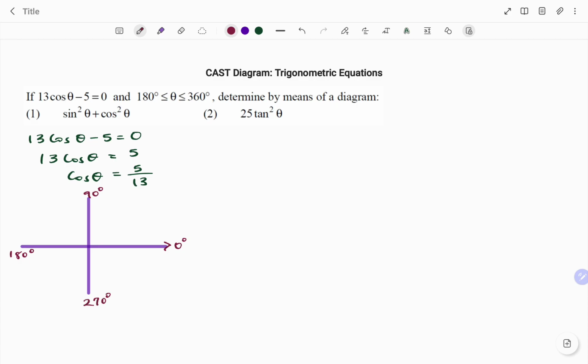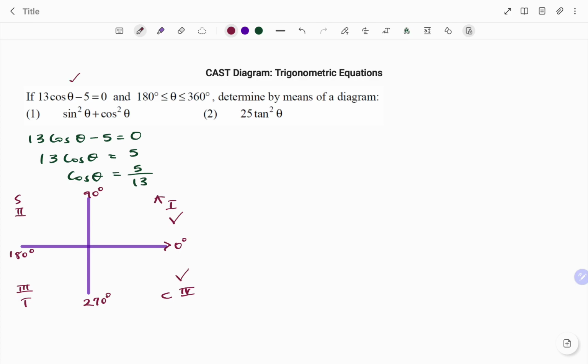There's a CAST diagram, so we have C, A, S, and T. That's the fourth quadrant, first quadrant, second, and third. To fulfill the first condition, cos theta is 5 over 13, which is a positive number. Where do we have cos to be positive? That's in the first quadrant, I'm going to put a tick there, and in the fourth quadrant.